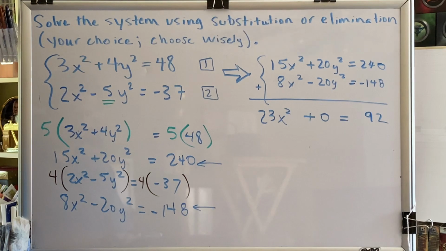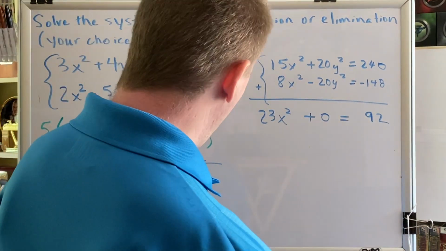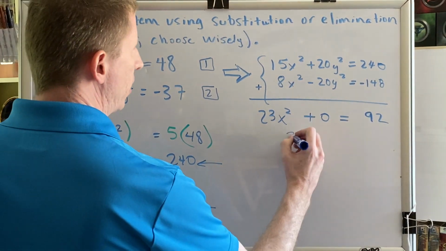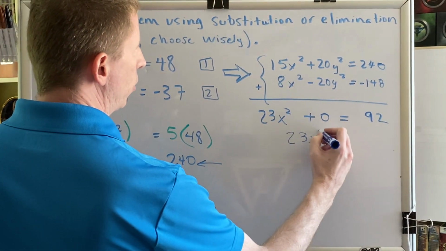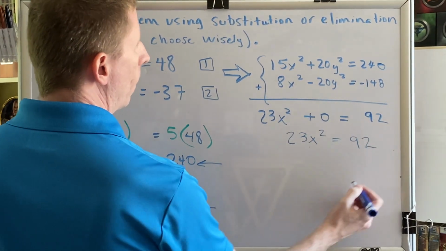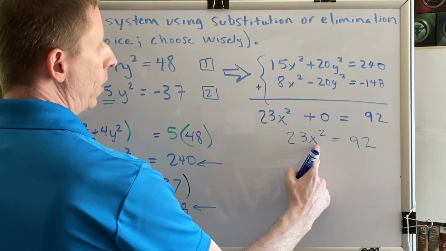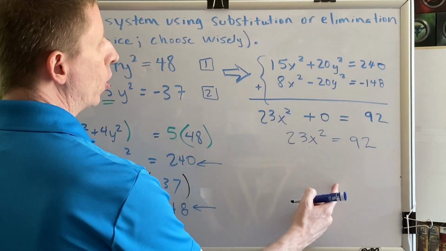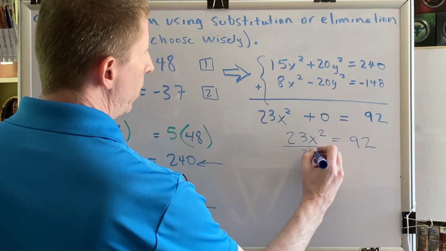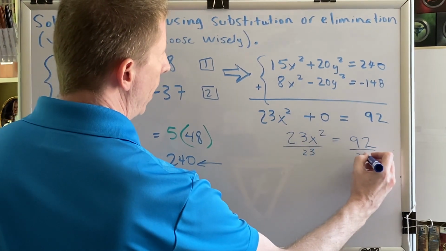The next thing that we need to check is, how do we solve for x? Well, we notice that we've got 23x squared plus 0, and adding 0 doesn't change anything. So this brings us to 23x squared equals 92. Remember, the goal is to get x alone, which means everything around it needs to go away. Let's get rid of the 23 with division. So divide by 23 here and here.